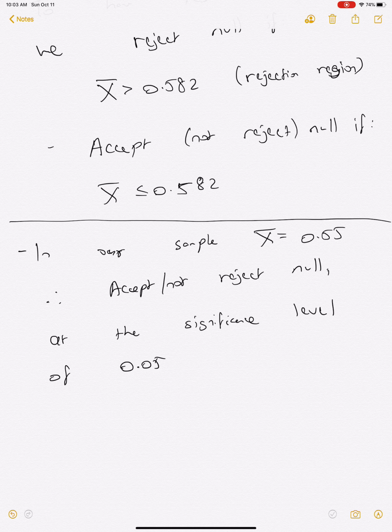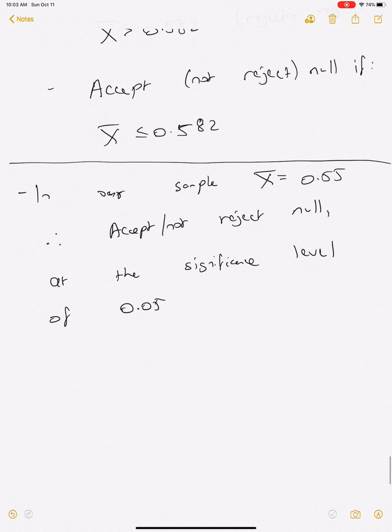So you would potentially reject it if you made your alpha bigger, if you allowed more type 1 errors. But if we set it to 0.05, you don't have enough evidence to reject.